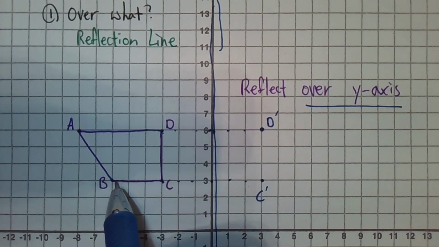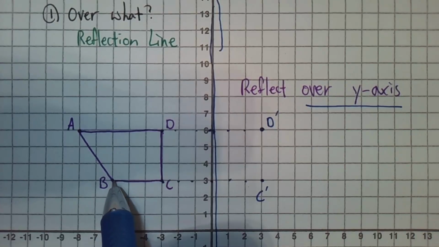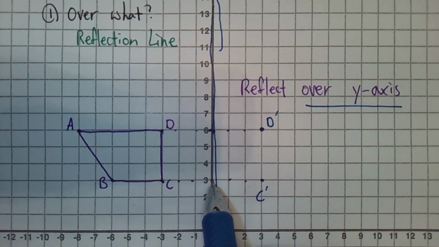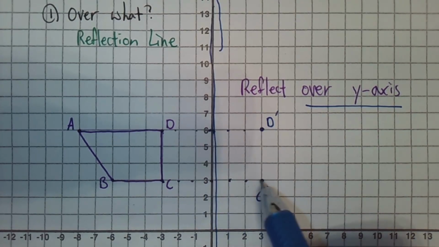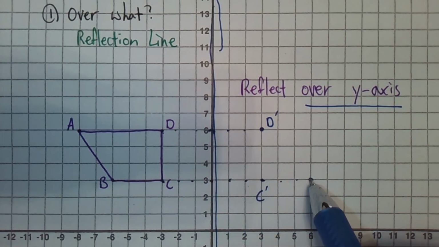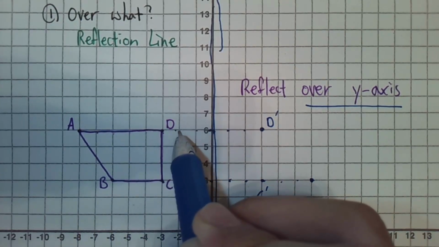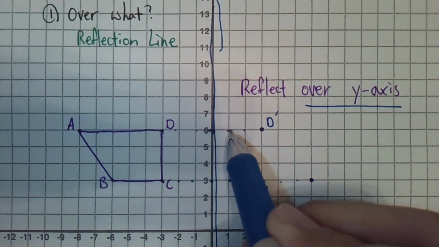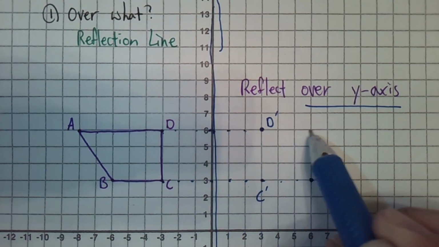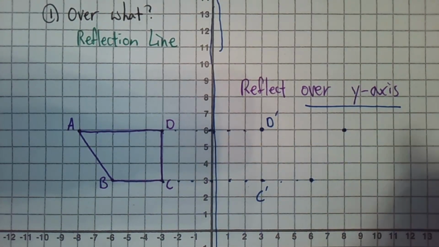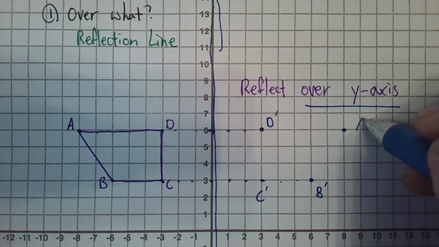I'm going to do the same thing for B and A. B is 1, 2, 3, 4, 5, 6 away, so I go 1, 2, 3, 4, 5, 6 away right here. And A is 1, 2, 3, 4, 5, 6, 7, 8 away, so I go 1, 2, 3, 4, 5, 6, 7, 8 away. This is B prime, this is A prime.